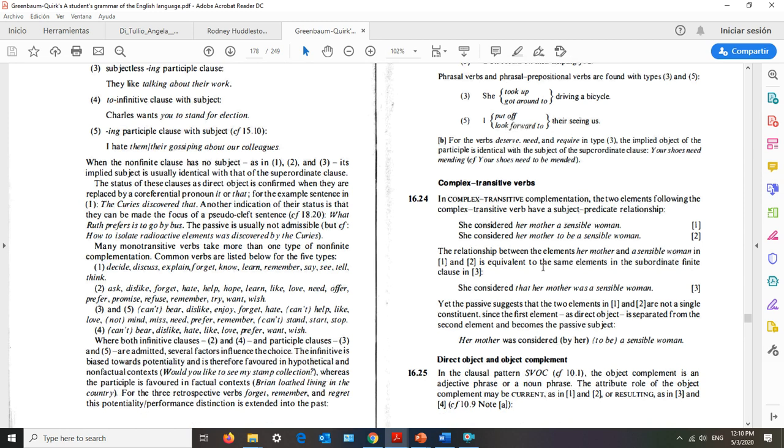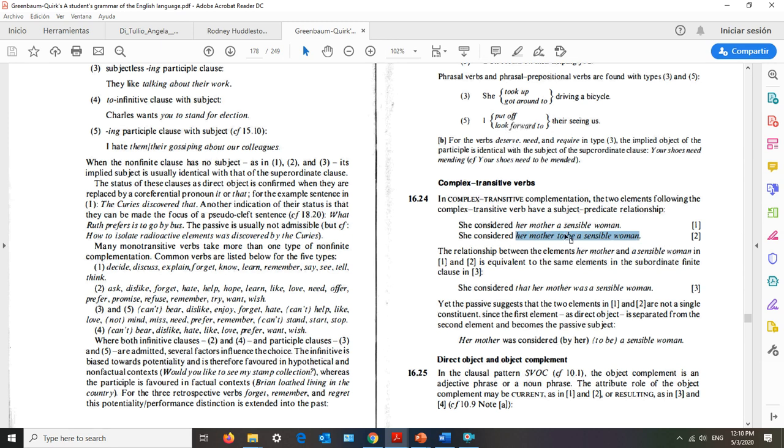So we have, she considered her mother a sensible woman, or she considered her mother to be a sensible woman, meaning you have a complex sentence in the sense that you have, she considered her mother, and then her mother to be a sensible woman. So here we can extract this section and say her mother was a sensible woman, you see?